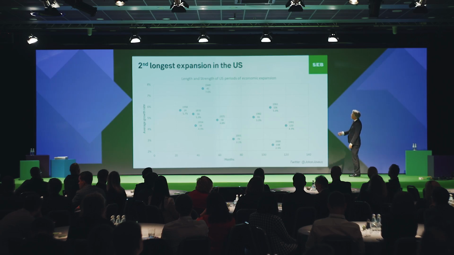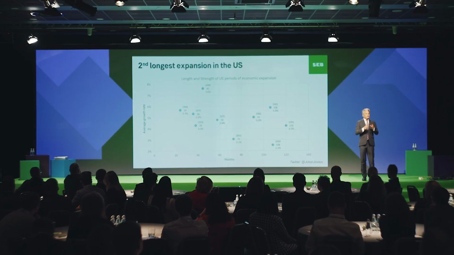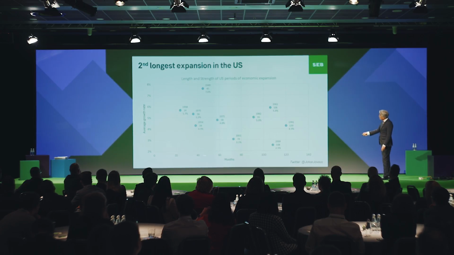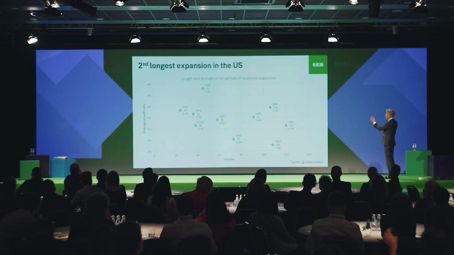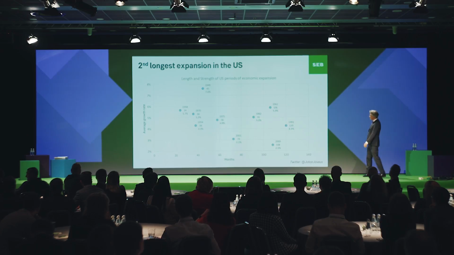And it goes back all the way to 1949, and on this vertical axis you see the average growth rate that the economy had during each expansion period. And on the horizontal axis you see the length of each of these periods. So, is there a pattern here? Well, not an obvious pattern, right?